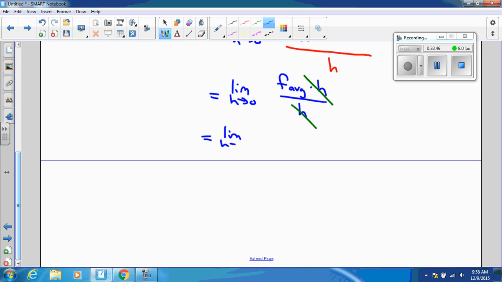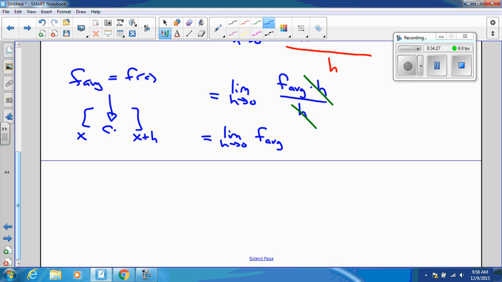Now, this is a really interesting expression. The limit as h goes to 0 of f average. Work with me on this a little bit. Since h is going to 0, what I am doing is taking all of the x values from x to x plus h, and f average is going to be, if I choose a c somewhere in here, f average is going to be equal to f of c for some c between x and x plus h.